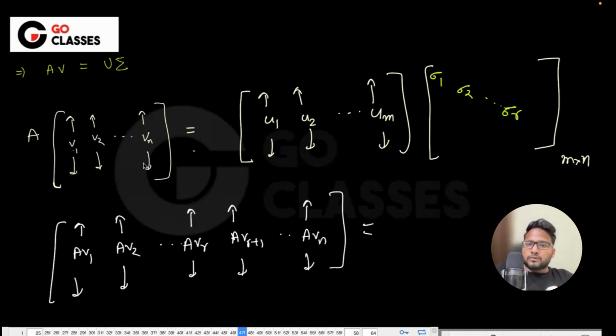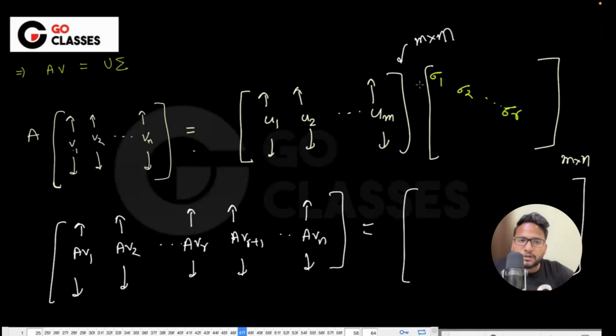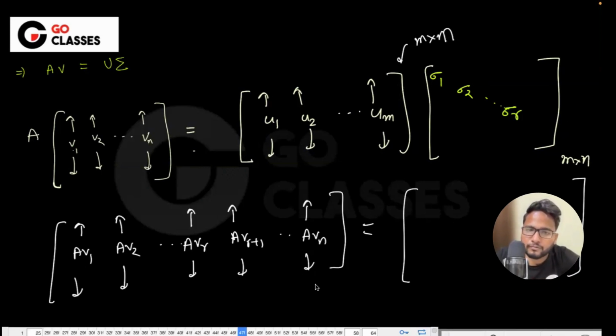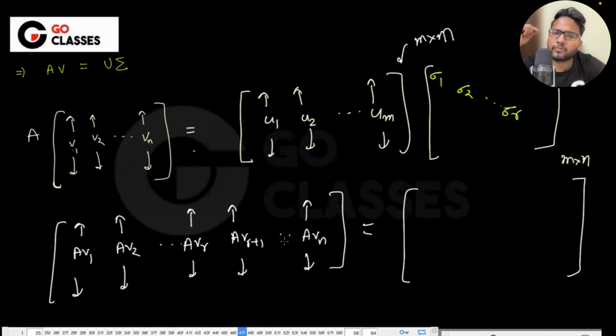This is equal to, let's see what it will be. This is M cross N. Have we missed something? This V is N cross N, right? Yeah, that's fine.